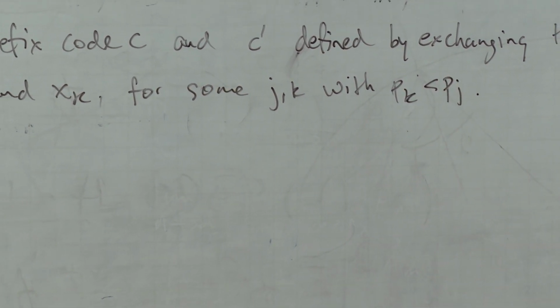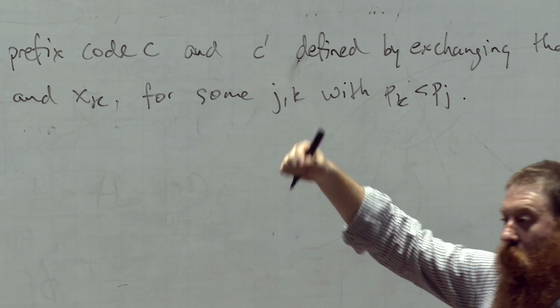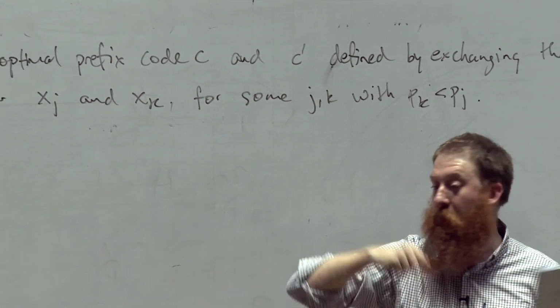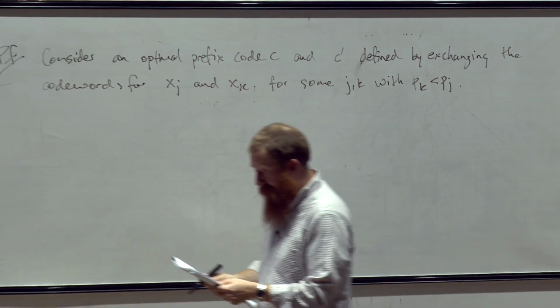So what I do is I take an optimal code and I consider what happens if I just take two code words and swap them in the tree.